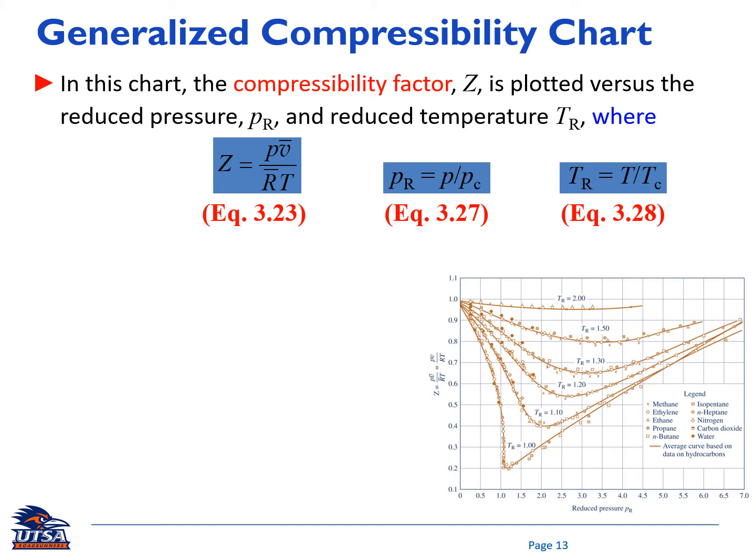So in the chart of this generalized compressibility, the compressibility factor Z, once again we plot it against PR and TR. So I have the formula here, Z equal to PV over RT, written here with PR and TR.